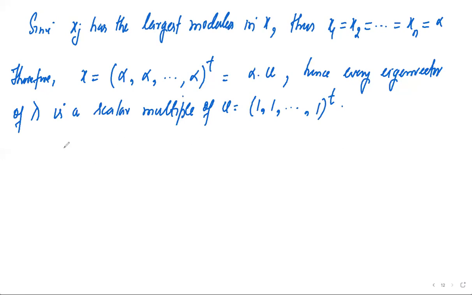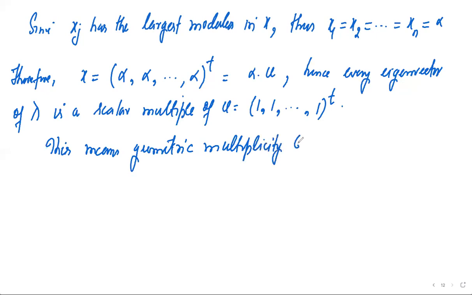So what does this mean? This means geometric multiplicity, that is gm of lambda, is equal to 1. But we know that geometric multiplicity is less or equal to algebraic multiplicity. But here we have one more nice fact.